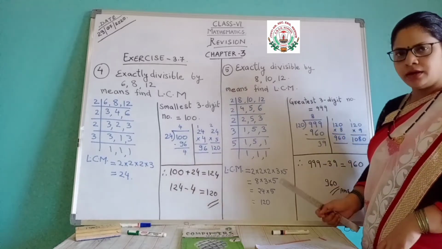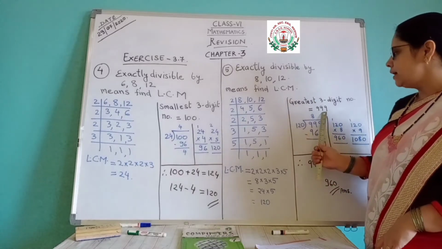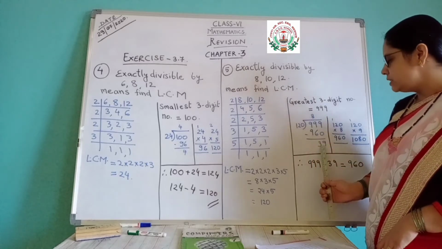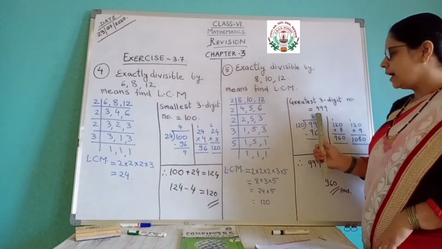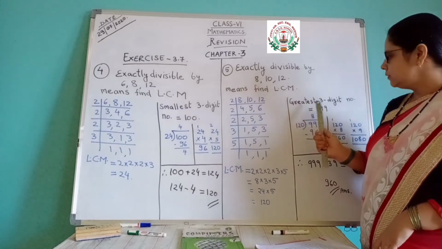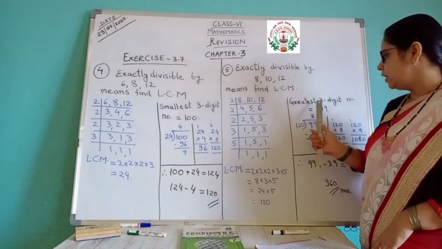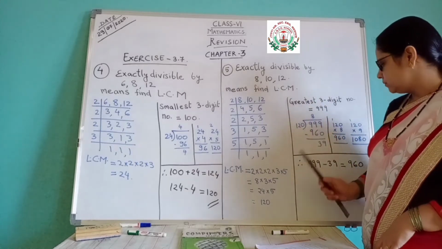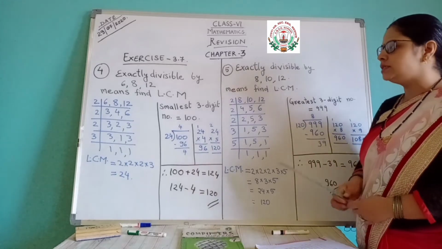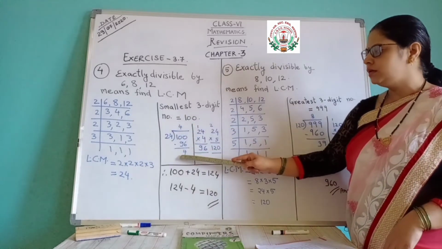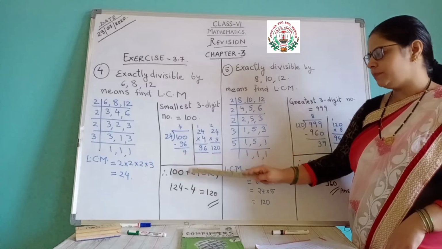960 you can write directly, or else take 999 and subtract from it. 999 is the greatest 3-digit number, but in this, suppose the 39 which is coming as remainder, as in the previous question we took the 4 and subtracted it from the total.